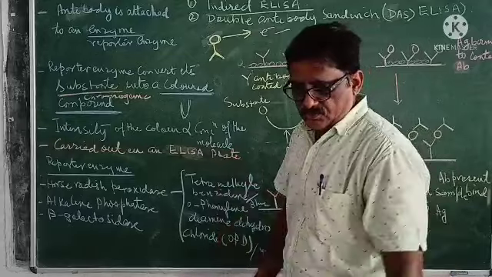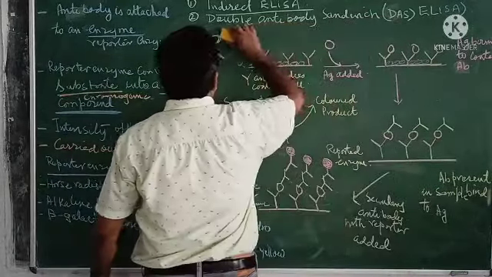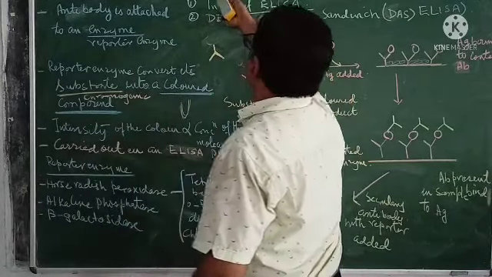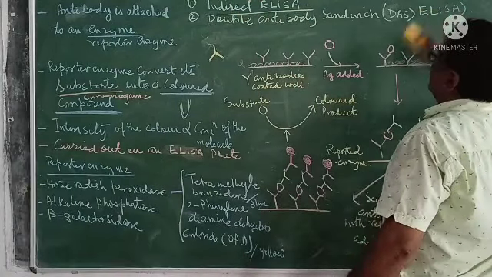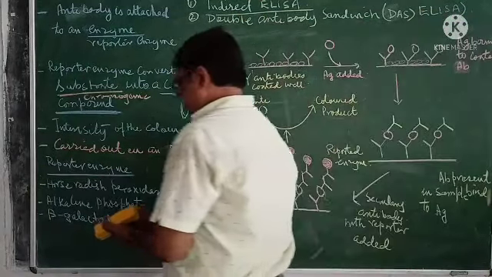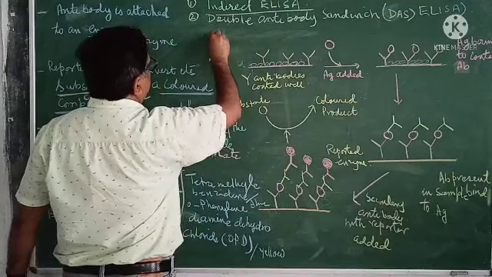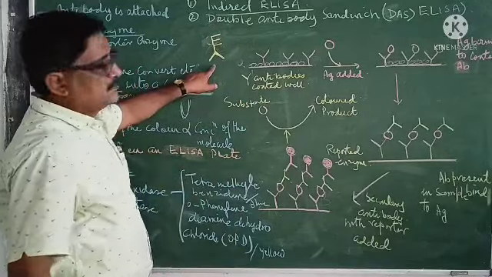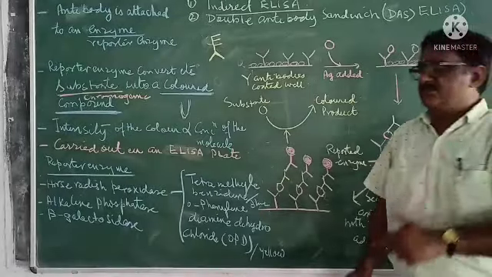Okay, the move to a safer strategy or technique led to the development of the ELISA technique. In the ELISA technique, instead of a radioisotope, an enzyme is tagged with the antibodies during the estimation.